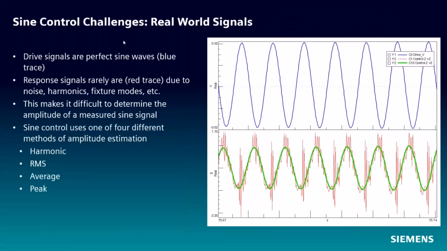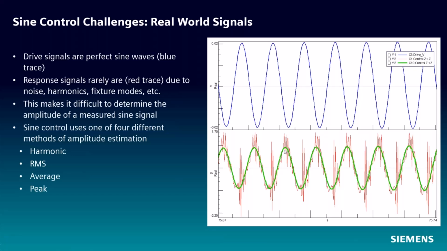But this can be a real challenge, because if we look at what happens here in swept sine, we can see exactly what's going on. This blue trace up top is the drive voltage going into the shaker. This red trace is the time data that's actually measured on the control accelerometer. And there's noise on this and all kinds of junk.